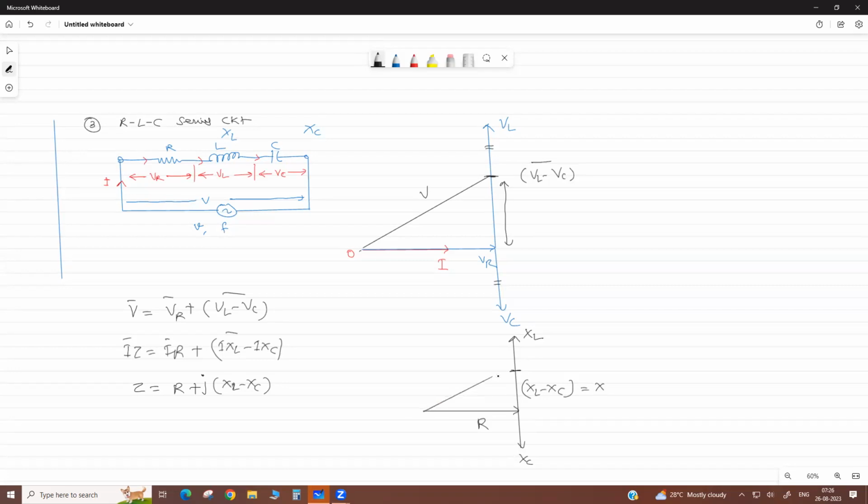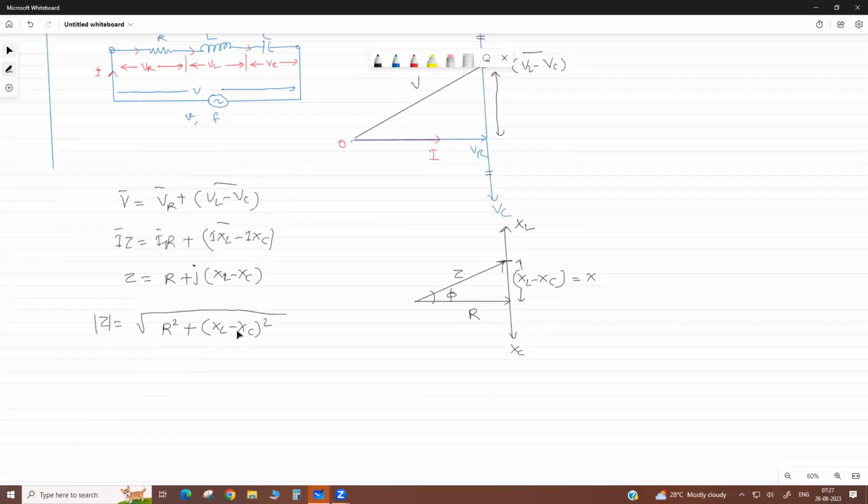Then this is your total Z. Then this is your phi. Now if we calculate the magnitude, it is the square root of the real part squared plus (XL minus XC) whole squared. Okay. This is the impedance for the RLC series circuit.